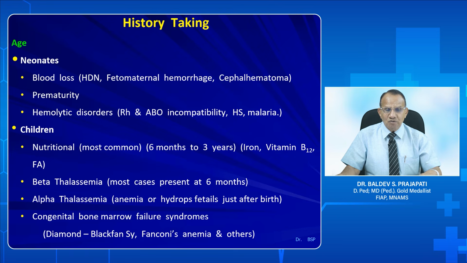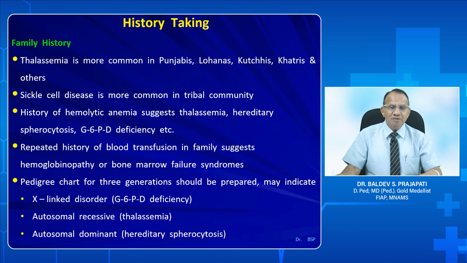Congenital bone marrow failure syndromes like Diamond-Blackfan, Fanconi's, and others can present in older children. In the family history, check for thalassemia, which is particularly more common in certain communities like Punjabi, Lohars, Kachhis, Khatris, and other specific communities.